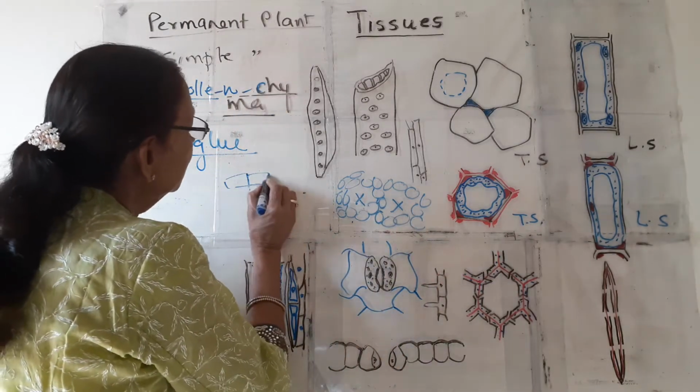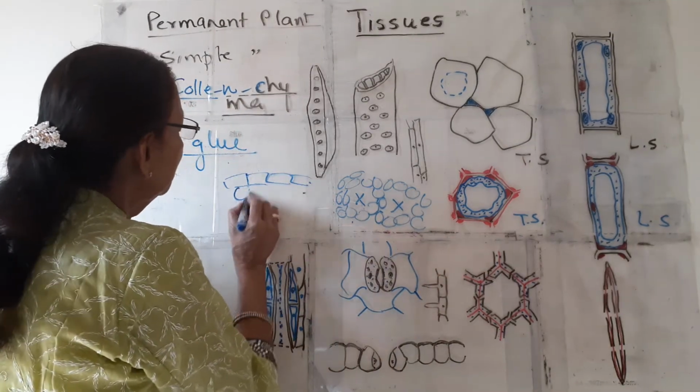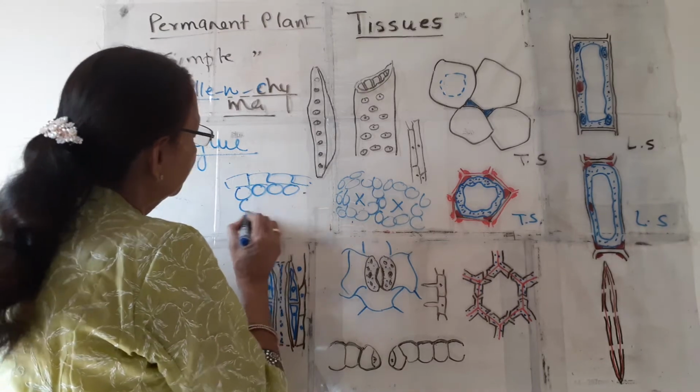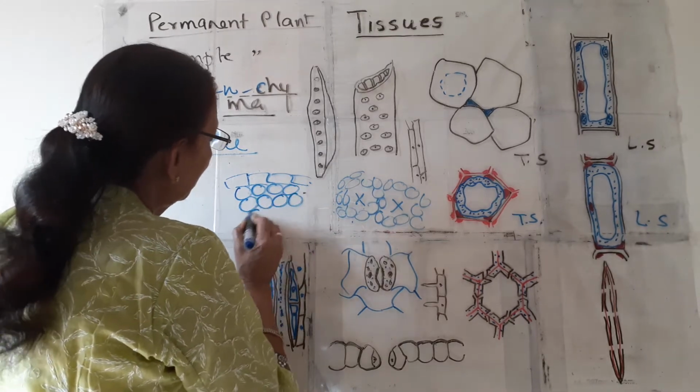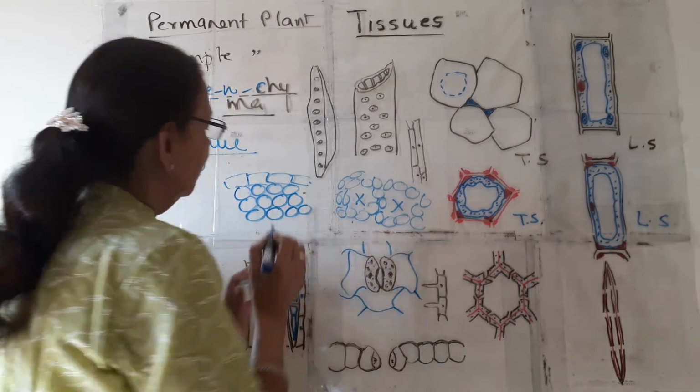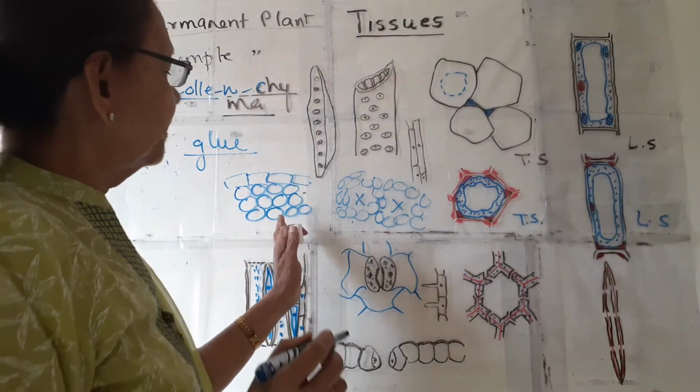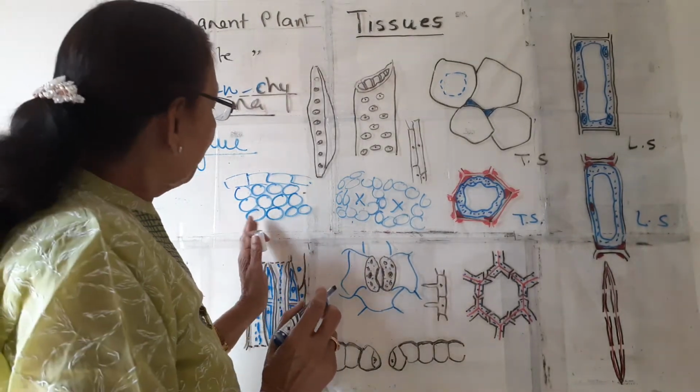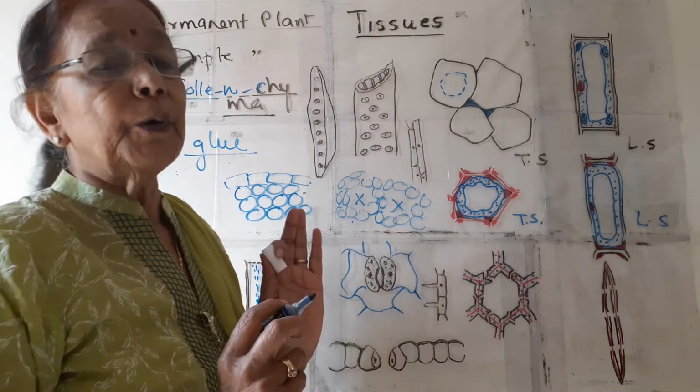Suppose this is the epidermis of the stem, then below this epidermis, 2, 3, 4 layers of collenchyma are present, and this forms the hypodermis.